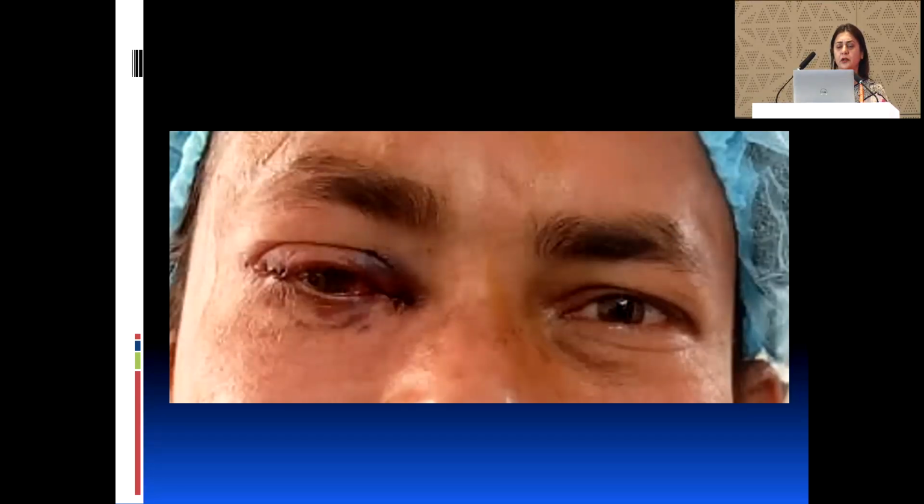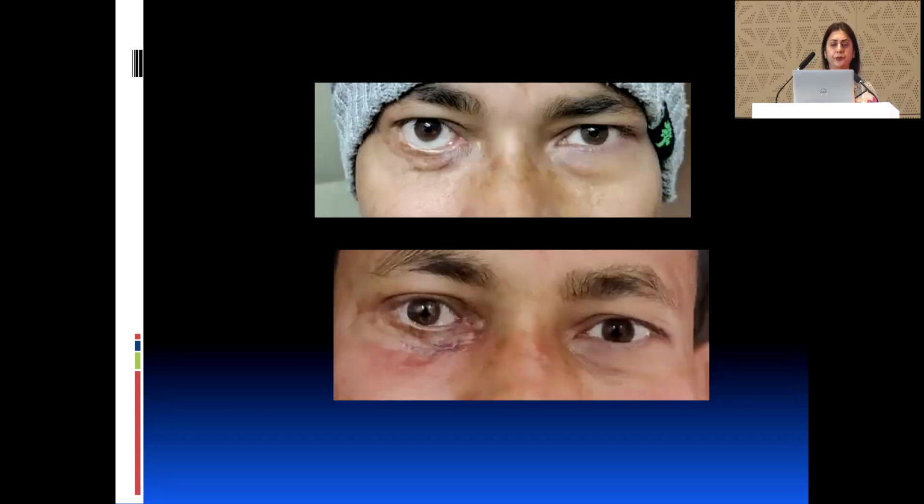This is again one case. This case has failed 5 times earlier, 4 times elsewhere, and the 5th time I operated. But because it is very important to learn from this case, he looks okay. When he is on the table in between, I'll show you the pre-op and post-op. So he came to me like this, and we did tarsorrhaphy, medial and lateral.